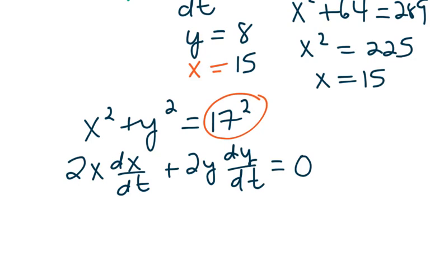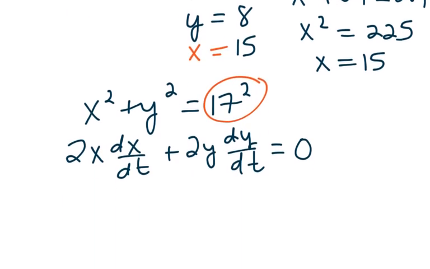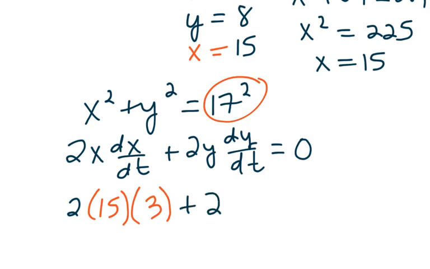Alright, so we want to substitute what we know. What do we know? We know dx/dt is 3. We know x and y, and we're looking for dy/dt. So we have 2 times our x, which we said was 15, times our dx/dt, which was 3, plus 2 times our y, which is 8, times dy/dt.